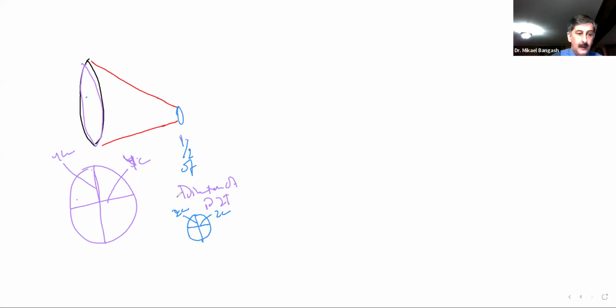Had we a smaller PCT, for instance, with a diameter of 2 centimeters, then the diameter of the beam at the focal point would be just half of that, 1 centimeter.